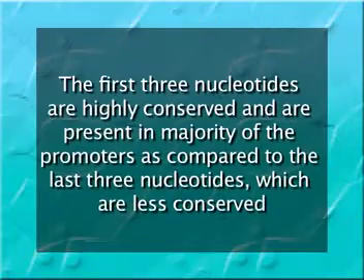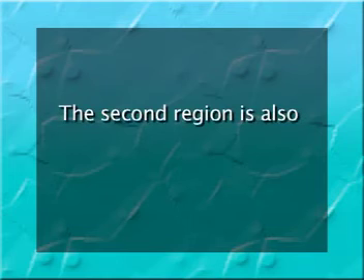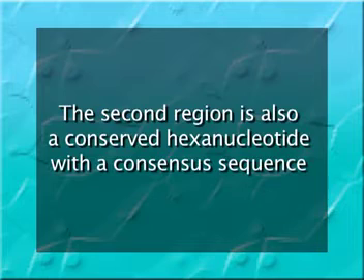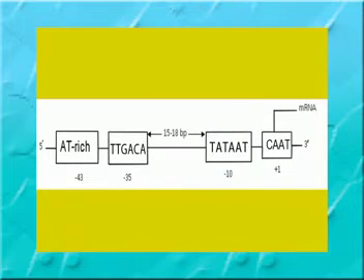The first 3 nucleotides are highly conserved and are present in the majority of the promoters as compared to the last 3 nucleotides, which are less conserved. The second region is also a conserved hexanucleotide with the consensus sequence TATAAT. It is also known as the -10 region or the Pribnow box.